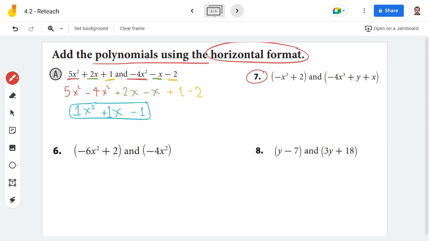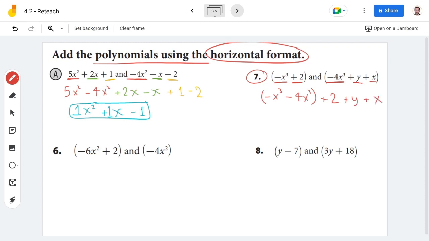For question number 7, just ignore the brackets. As you can see here, do we have x to the power of 3? Yes, we have it here. Do we have 2 here? No, we don't have 2. Do we have y? No. x? No, we don't have. So we just state negative x to the power of 3 and negative 4x to the power of 3 together, plus 2 plus y plus x.